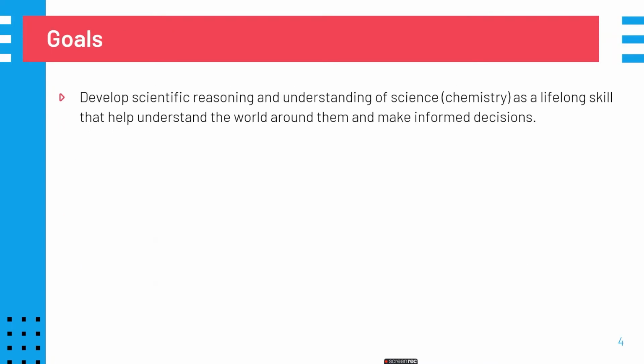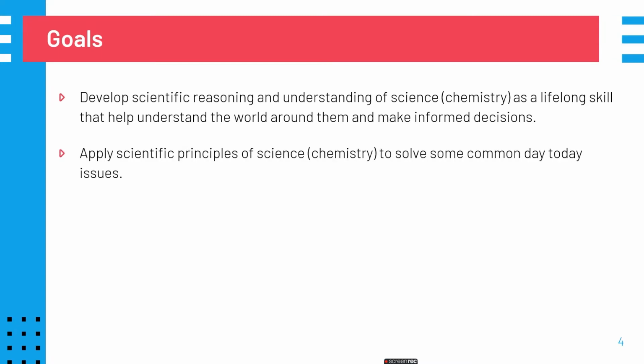Now let me talk about the goals of the curriculum. The first goal of the chemistry curriculum is to help learners develop scientific reasoning and understanding of science, particularly chemistry, as a lifelong skill that helps them understand the world around them and make informed decisions. The second goal is to apply scientific principles of science, particularly chemistry, to solve common day-to-day issues.